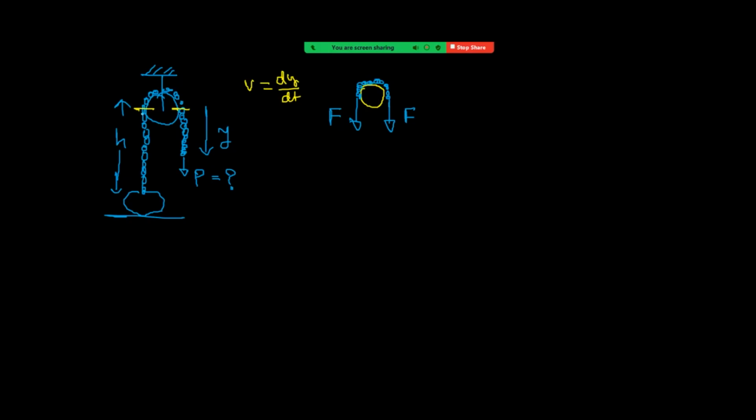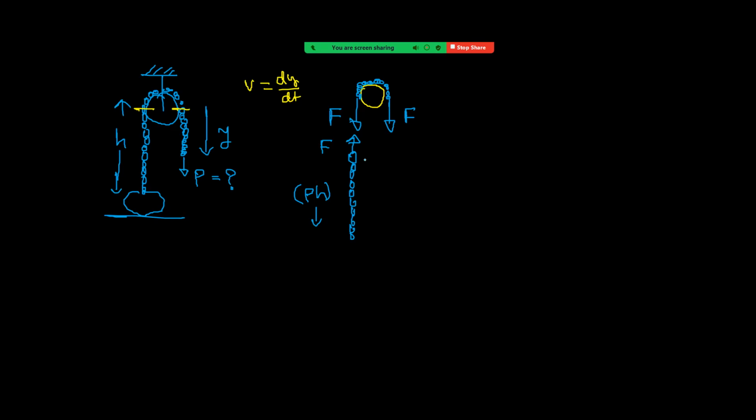Okay. Now coming to this part of the chain, say a force is acting on this part of the chain. By this chain on this one, it is F upwards. Its weight mg downwards. Mg means, given rho, right? Rho into h. It is rho into h downwards.